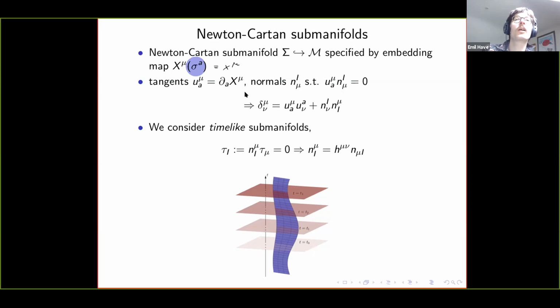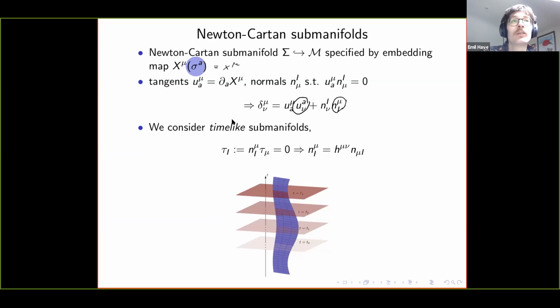This furthermore allows us to define inverse tangents and normal vectors, rather than the normal one forms, that satisfy this completeness relation here. Since there is no notion of raising and lowering indices in Newton-Cartan geometry, you have to be a little bit careful. These objects are not directly related to these, but rather are implicitly defined via this relation here. In particular, they are not unique.